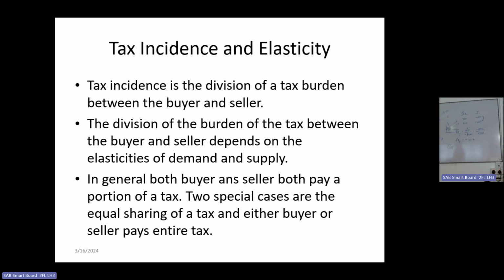For example, if there is a perfectly inelastic supply, that means supply does not change. The entire tax burden is borne by the producer, because its supply does not change, right? So we can draw the curves and see how the tax burden is shared.